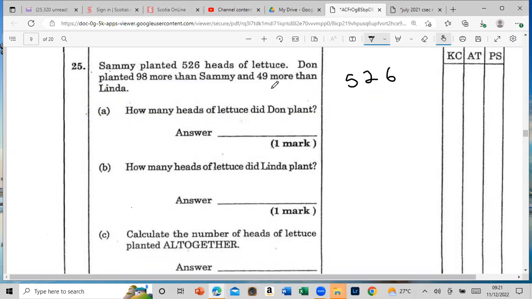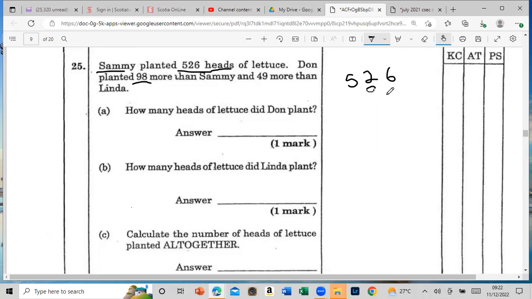Well done. Remember, guys, it says Sammy planted 526 heads of lettuce. So we know how many Sammy planted, which is 526 heads. However, Dan planted 98 more. So whatever Sammy planted, Dan planted 98 more.